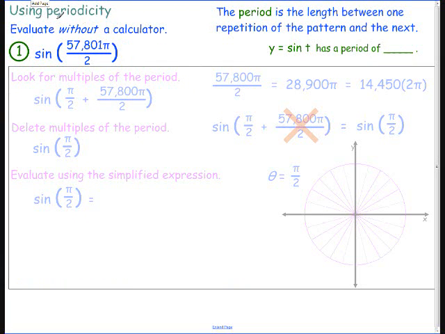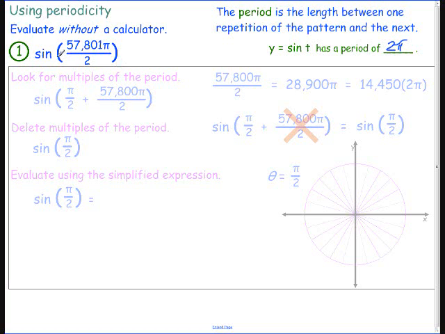Now we can use the nature of periods to help us out with our trig functions also. We know that the parent graph, sine, has a period of 2 pi.